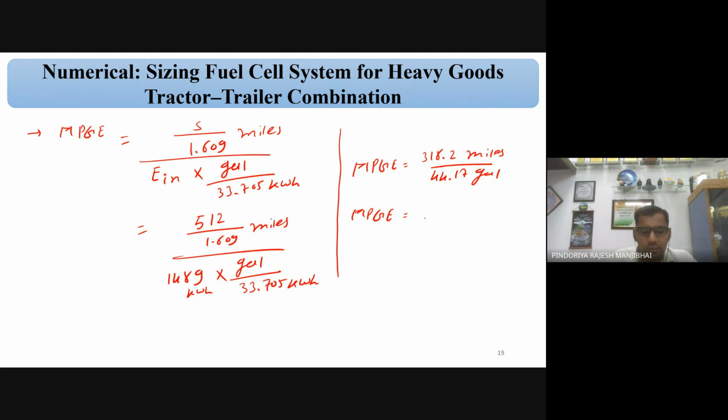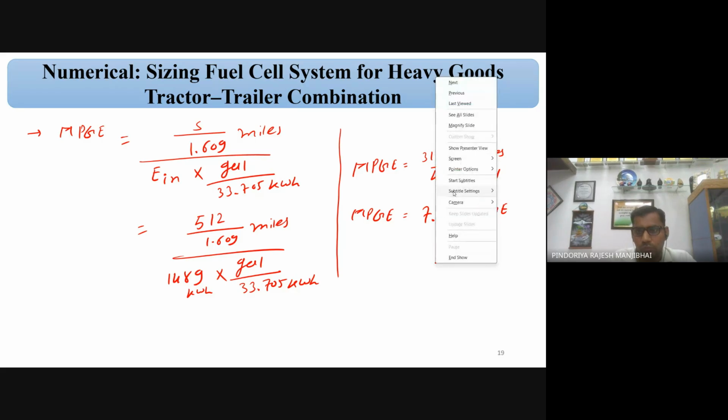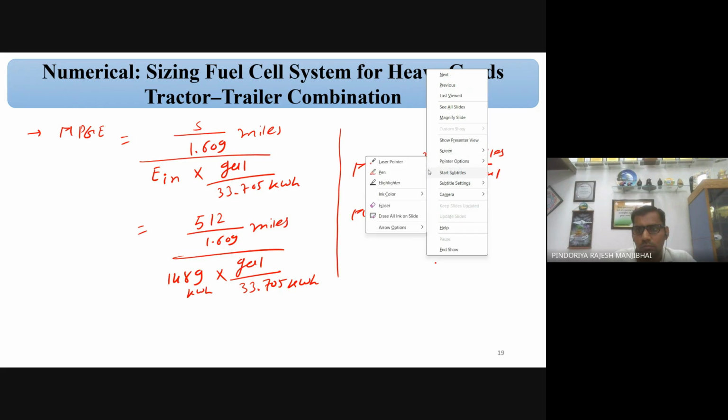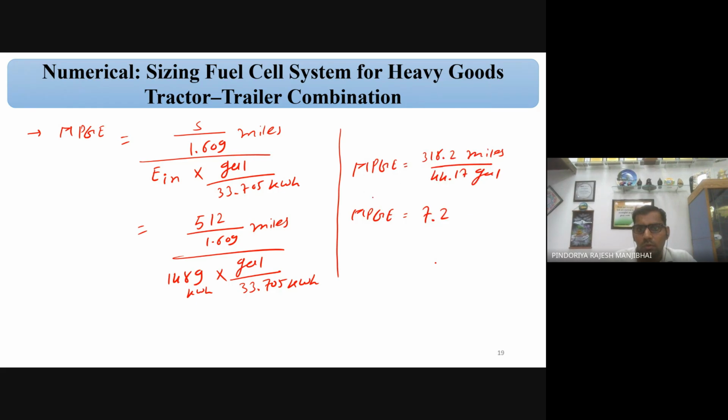So MPGE is equal to 7.2 miles per gallon equivalent. So the final unit is miles per gallon. We can write the miles per gallon.